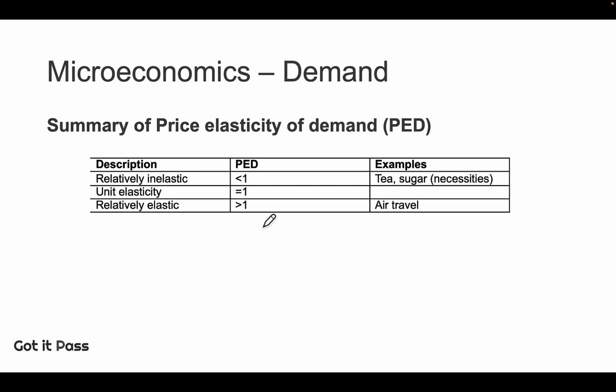An example of such elastic goods or services is air travel. If the air flight ticket price drops by 10%, the number of people buying flight tickets will increase by more than 10%. It's quite common in the air travel industry.